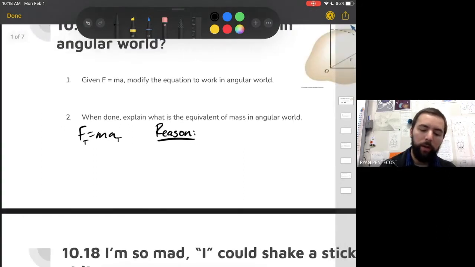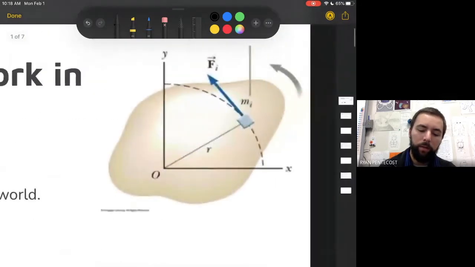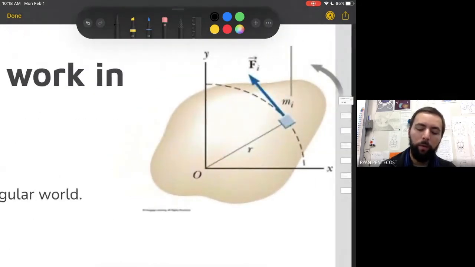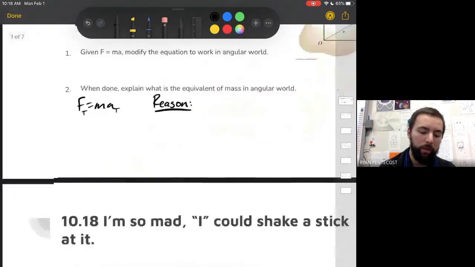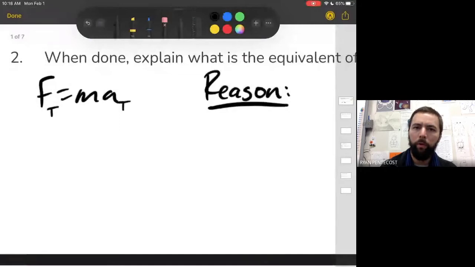To clarify that this is a force tangent to the radius and the acceleration also tangent to the radius. Like we talked about before, tangential acceleration is the traditional acceleration that we talk about in linear world.